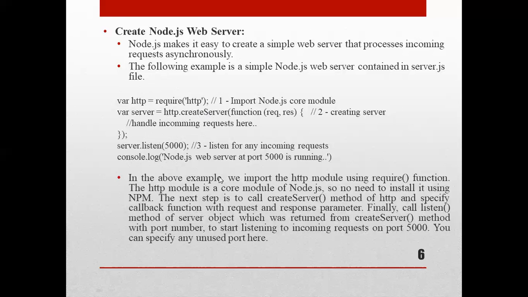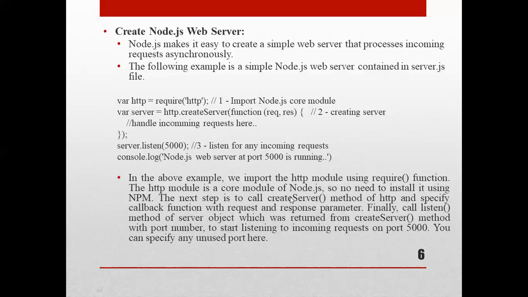In this example you can see we imported the http module using the require function. The http module is a core module of Node.js, so there is no need to install it using npm.